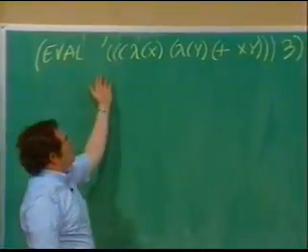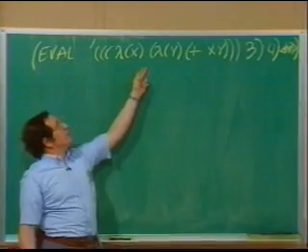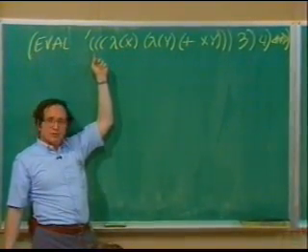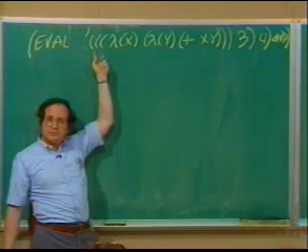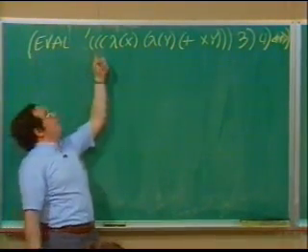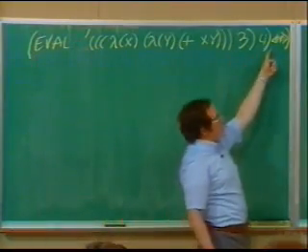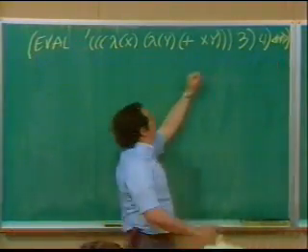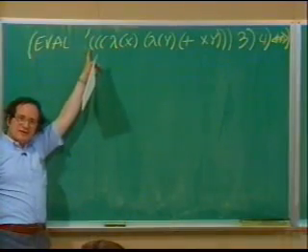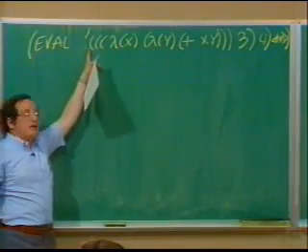Now, what does it mean to do this evaluation? Well, we go through the set of special forms. First of all, this is not a number. This is not a symbol. It's not a quoted expression. This is a quoted expression, but that's not what I'm interested in. The question is whether or not the thing which is quoted is a quoted expression. Right? I'm evaluating an expression.